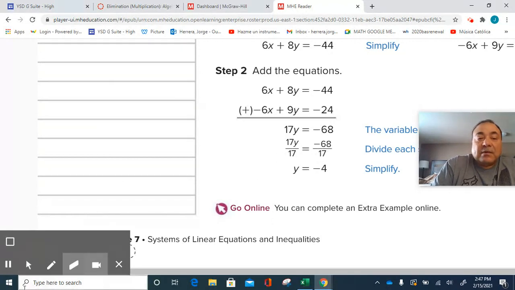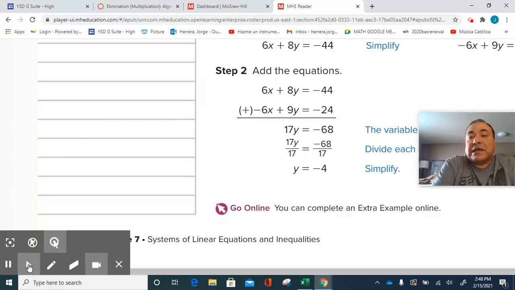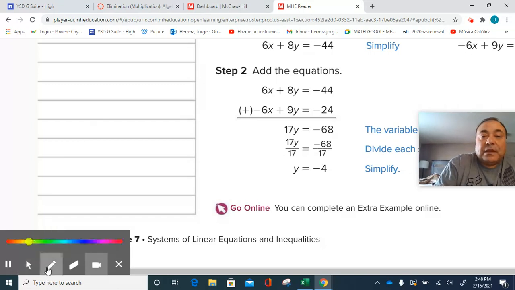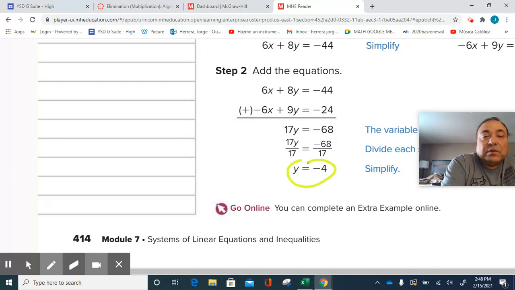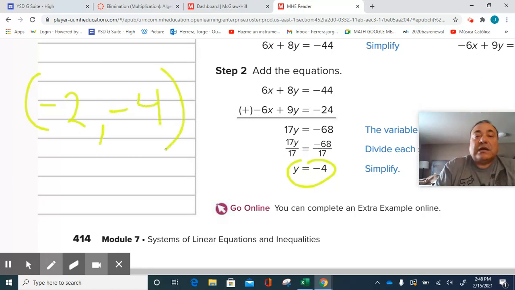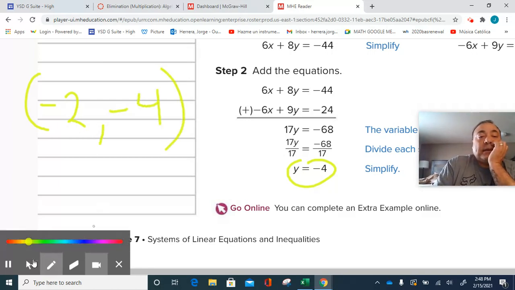So I got that right there, and then I substitute it back in there, guys. Again, the answer should be, after we substitute this into any of the x's, negative 2, negative 4. And that's what we got.